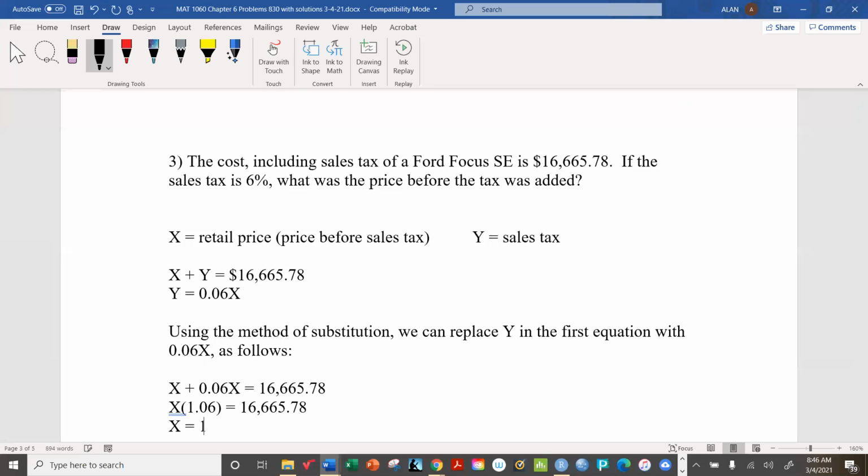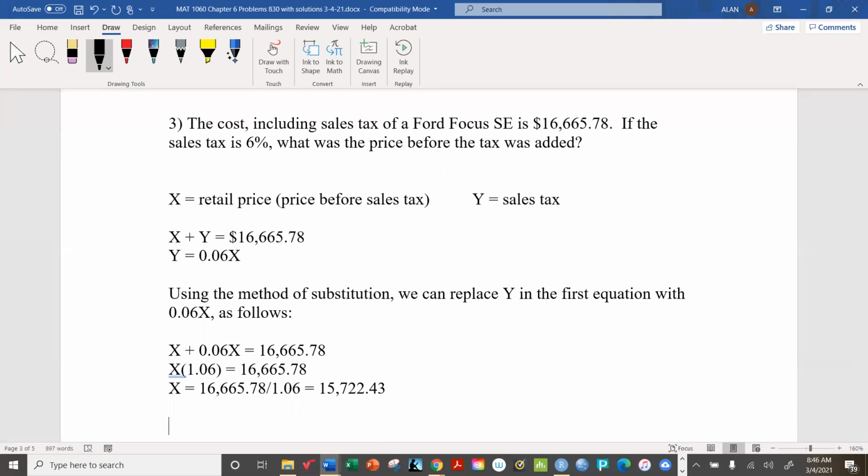And now I can divide. And by the way, because this is dollars and cents, you will need to round at the end. In other words, it won't be exactly a certain number of dollars and cents, so you can round it. 15,722.43 is your final answer for that.